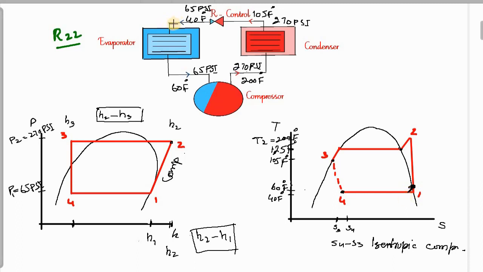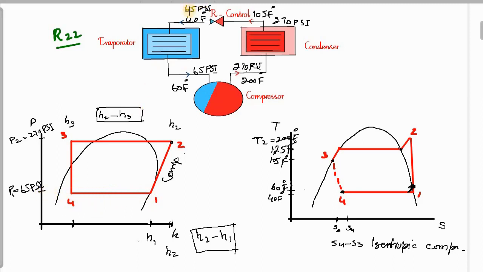Now, process number 4 is the evaporation process. When this low pressure and low temperature refrigerant enters the evaporator, it starts to absorb heat from the water or from the surface. The process of evaporation on the PH diagram is from point 4 to point 1, and from point 4 to point 1, if we look here, the pressure remains constant.